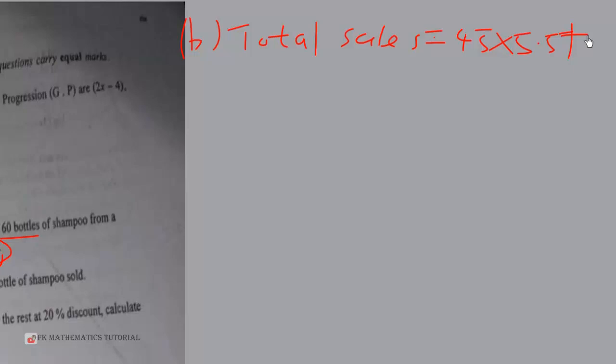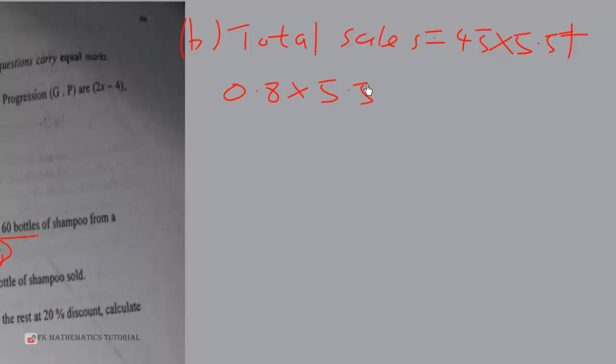Now they said he sold the rest at 20% discount. So instead of selling all of them each at $5.5, he decided to sell 45 of them at 5.5. Then the rest you offer 20% discount. So the 20% discount is like 80% of the 5.5. So 0.8, which is the same as 80%, times 5.5.